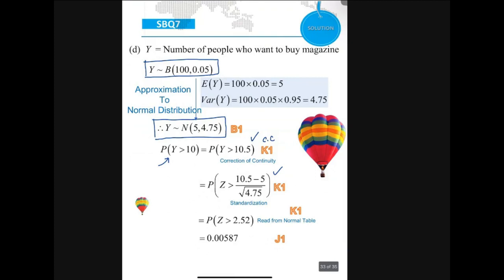So 10.5 minus the mean 5, divided by the standard deviation, square root of 4.75, and we get Z is finally 2.52. So if we refer to our bell-shaped curve, for 2.52, we can directly read from the table. So our final answer would be 0.00587. Okay.